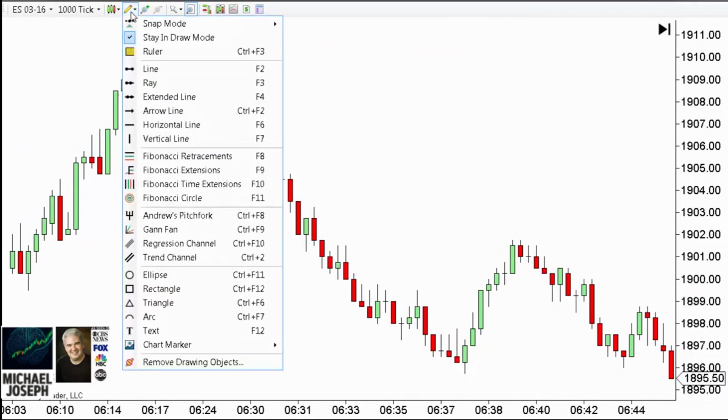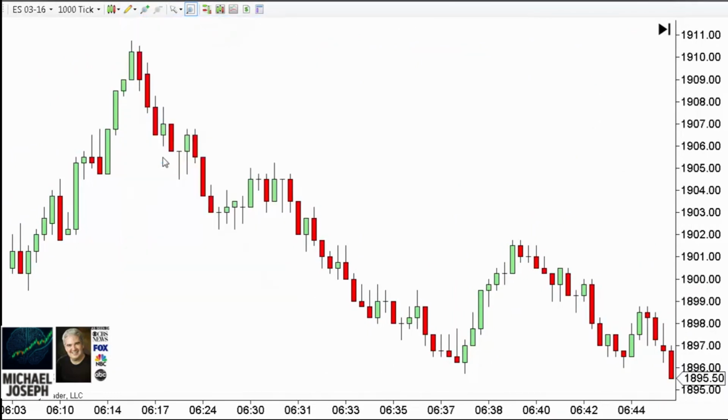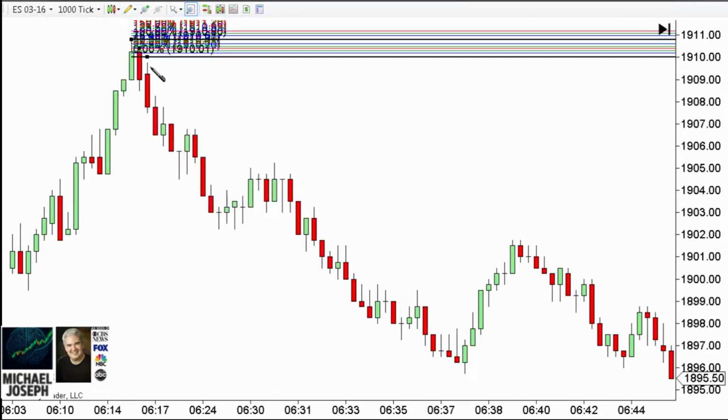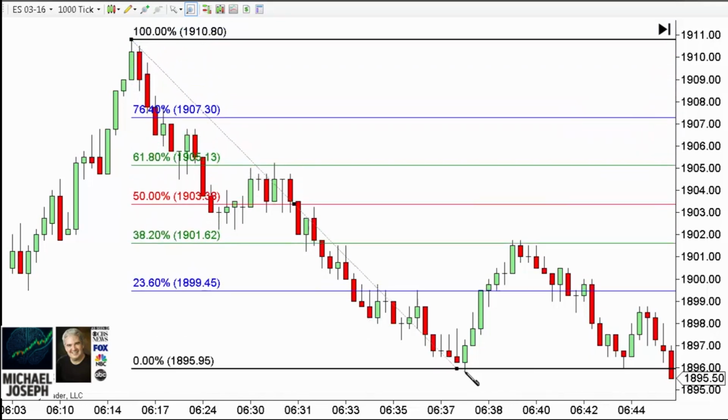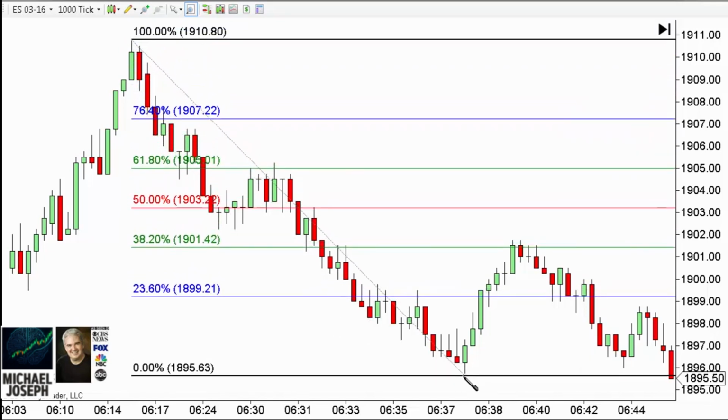So we go up to our Fibonacci retracement drawing tool. We start here, that's the beginning of our impulse move. We bring it down to the bottom, and now you can see these numbers drawn on the chart. This is where we started from. If the market goes down here and doesn't retrace at all, how much is it retracing? 0%.